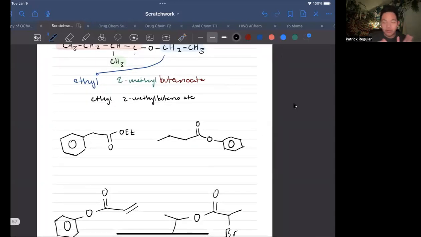So without me just rambling on, let's actually get into some examples because I think that's the best way for you guys to get this. Okay. So if I identify my carbonyl carbon, where's that main chain? Well, the main chain is going to be right here. It's not part of the phenyl group, because the phenyl group is just a benzene ring. It's not part of a chain.